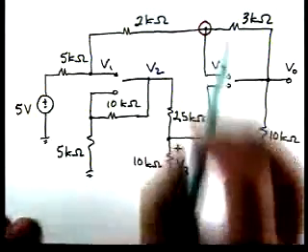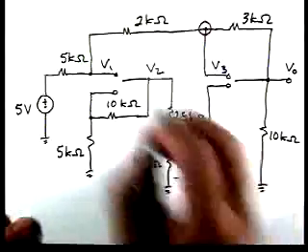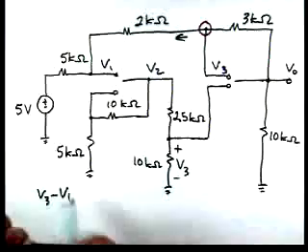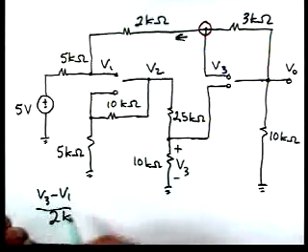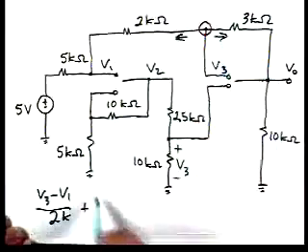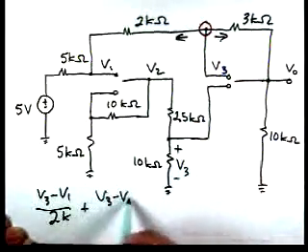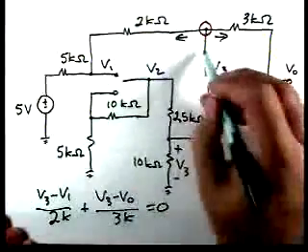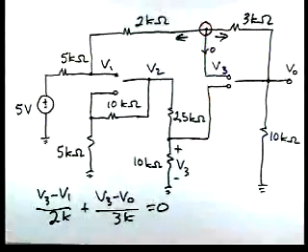So now we'll have, flowing this way, V3 minus V1 over 2K plus the current leaving through there is V3 minus V0 over 3K. And we note that's 0, because again remember that current at that point is 0.